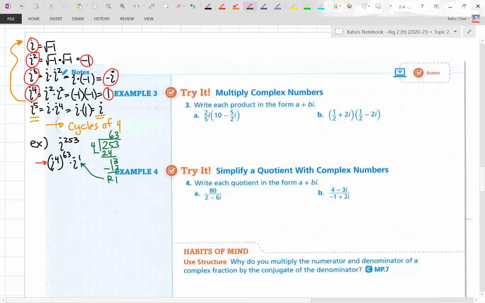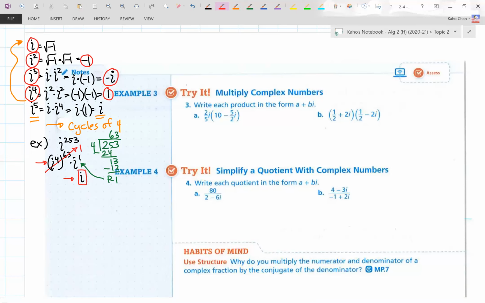That's what that means. All those i to the 4th go to 1, and the only answer is i. That's your final answer. I know. Not too bad. So that's a quick lesson on how to do powers of i.